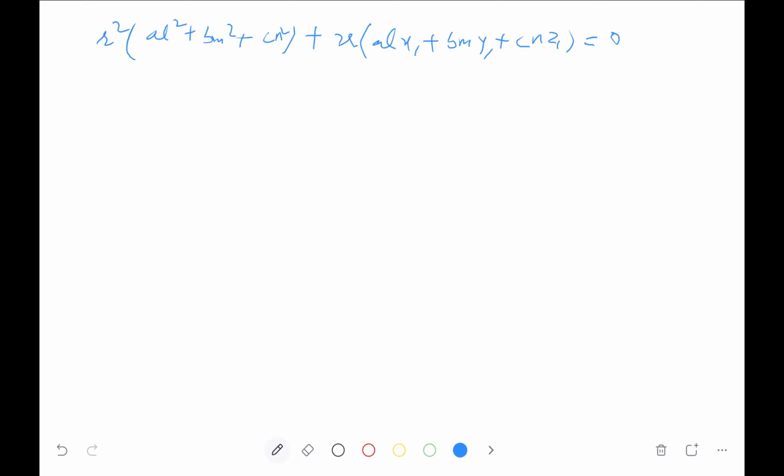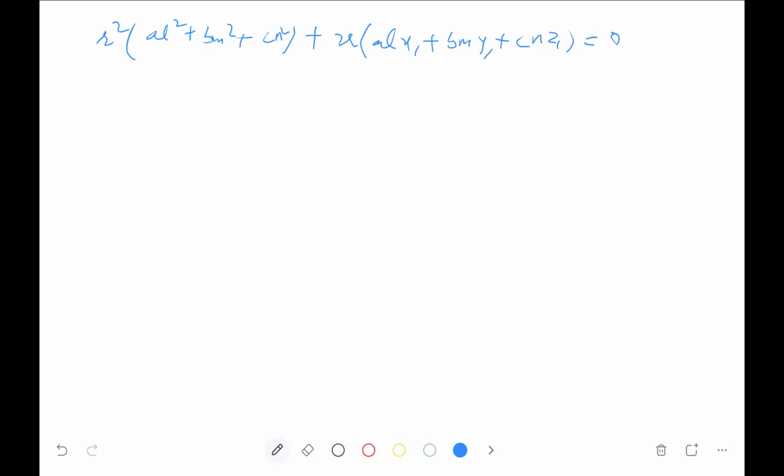So comparing the coefficients in each plane, ax1 by l, by1 by m, cz1 by n is equal to 1 by p. So x1 is l upon ap, y1 is m upon bp, z1 is n upon cp.